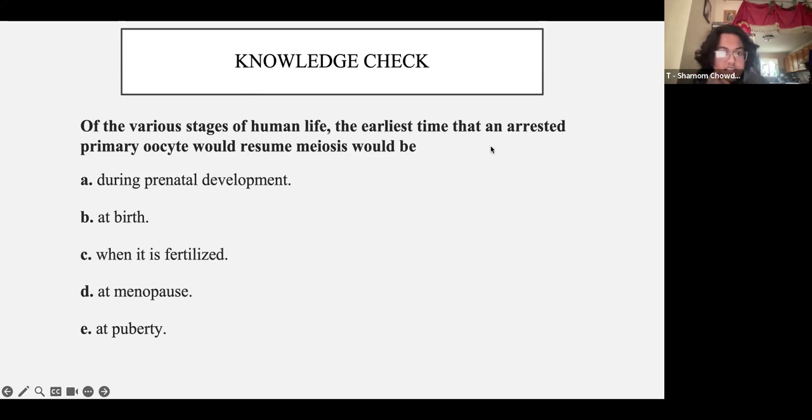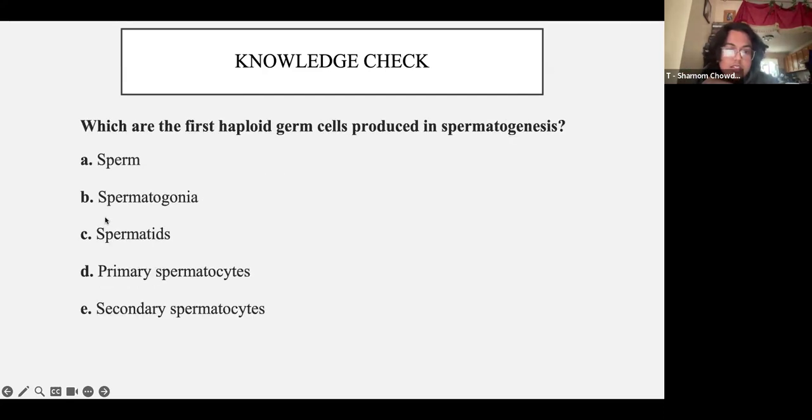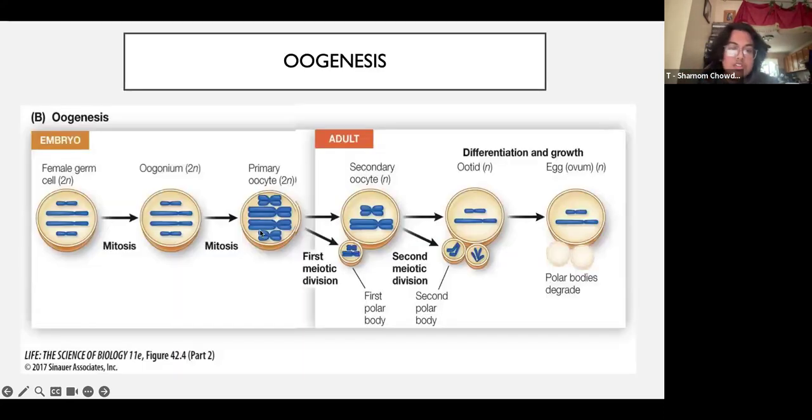The reason it's not C is because remember, a primary oocyte is not an egg yet, so it can't get fertilized. Only an egg could get fertilized. The primary oocyte has to undergo meiosis in order to become an egg, and then that egg gets fertilized.